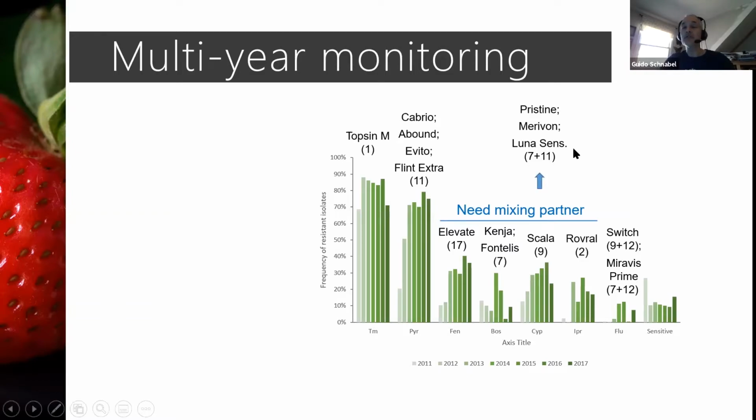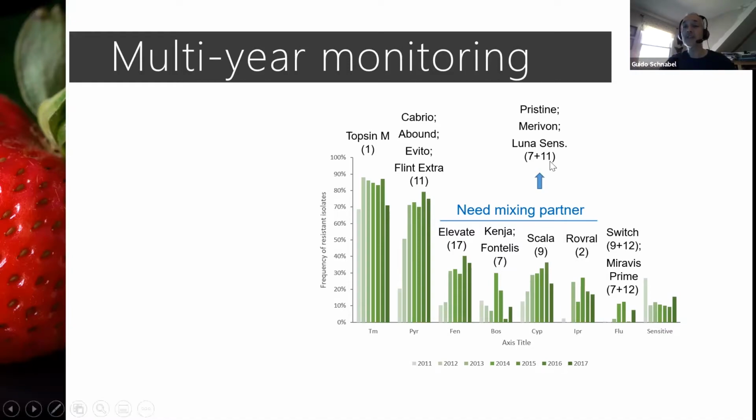You might also be very familiar with Pristine, Merivon, and Luna Sensation. Those are also premixtures of FRAC 7 and 11 codes. 7 we already talked about. 11 we also talked about. The disadvantage here is that the FRAC 11, as you can see over here, is virtually not effective anymore.